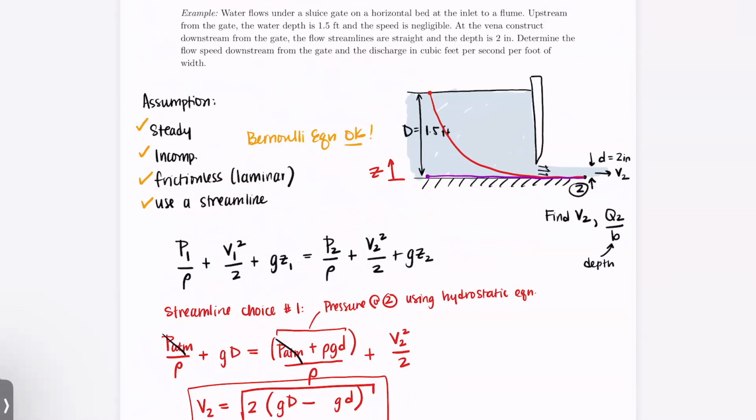Okay, so we're not told anything about pressure in this problem, except that we know it's atmosphere up here at the top, right? And then we know it's atmosphere out here at discharge. All right, so if we want to know pressure down here or pressure down here, we're going to have to use our hydrostatic equation to figure that out. Does that make sense? Okay.